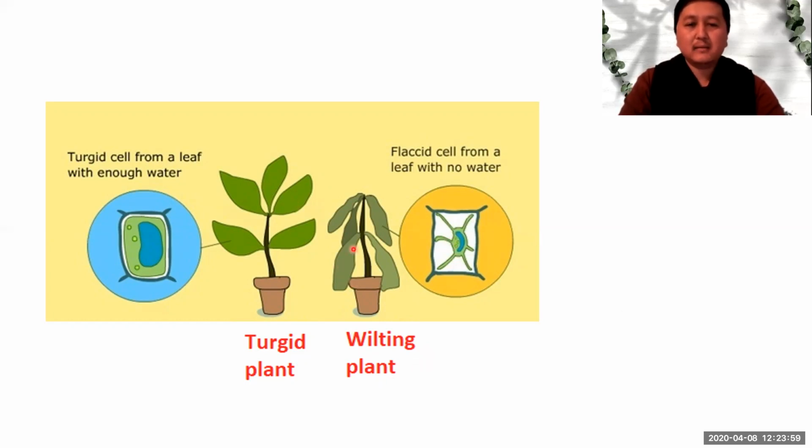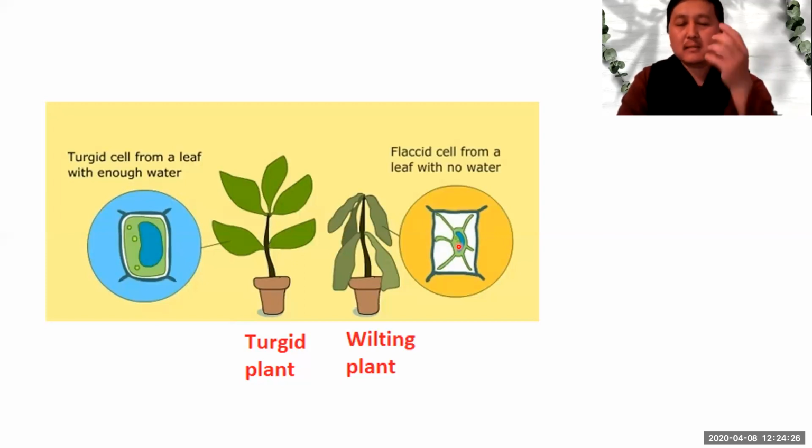It's a normal plant, it's a wilting plant. And here's the flaccid. Now, because of the flaccid, there's less water, and there's less water pressure. And if there's less water pressure, plants cannot keep their normal shape, especially the green parts.